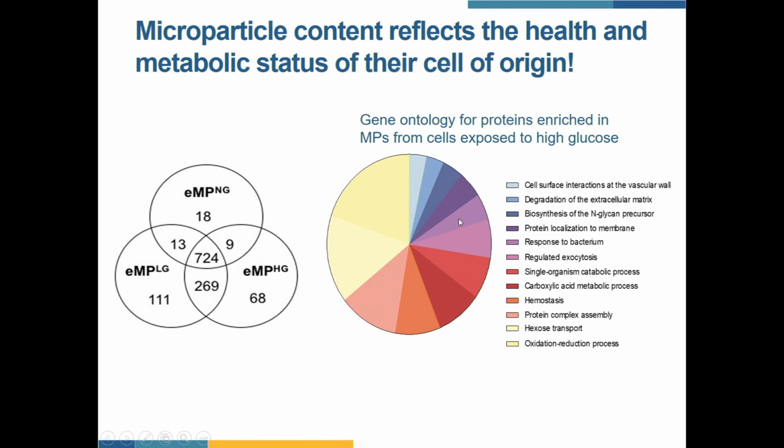If we looked at the proteins that were enriched in our high glucose population, one of the things that jumped out at us is that most of the proteins, when you do gene ontology, end up being things that are involved in cell metabolism. And so it does look like we're able to identify a metabolic stress on these cells just by looking at the protein composition of these microparticles.